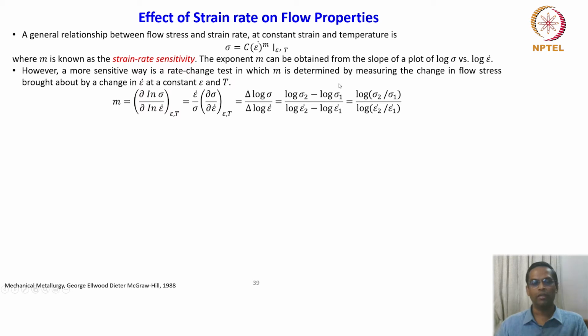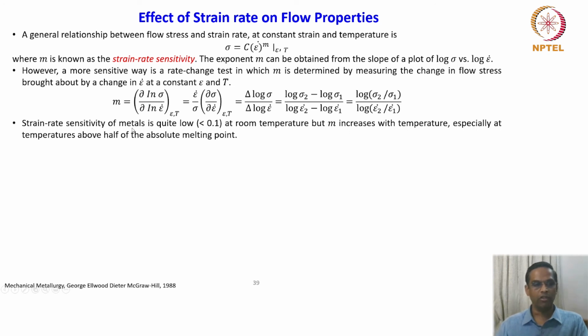Suppose you do it at two different strain rates, then it can be written like this. The final expression is this, which is very useful. That's what is written here. This is a more sensitive way of determining the m. So that means m is equal to log sigma 2 by sigma 1 divided by log epsilon 2 dot divided by epsilon 1 dot.